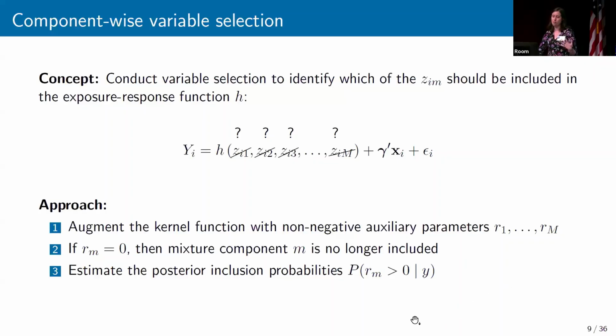I talked about posterior distributions, but this is the posterior probability that this Rm parameter is greater than 0, given our data. This ends up being a value between 0 and 1, where a posterior inclusion probability of 1 says there's very high probability that this should be included in the model, and a value of 0 says there's no probability that it should be included. But you can have different amounts of evidence depending on what these posterior inclusion probabilities are from 0 to 1.